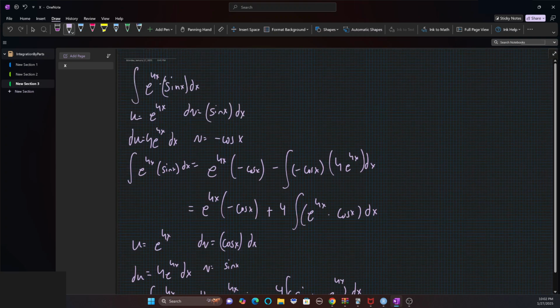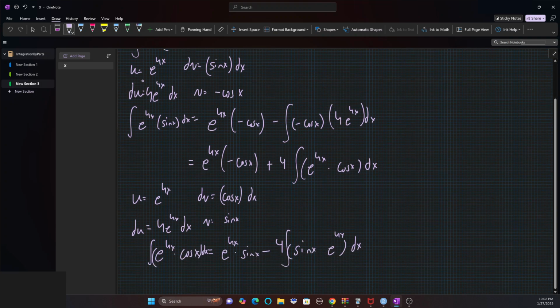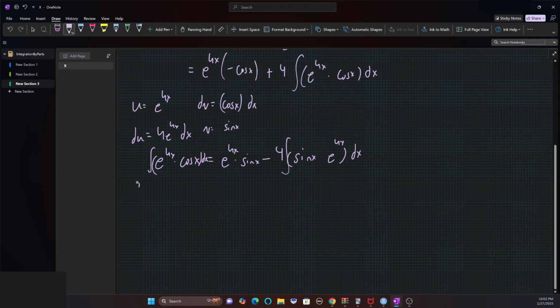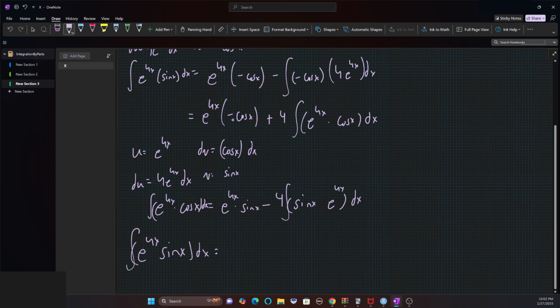I'll write the full thing. Our integral of e to the 4x sine x times dx equals this equation that we have here.